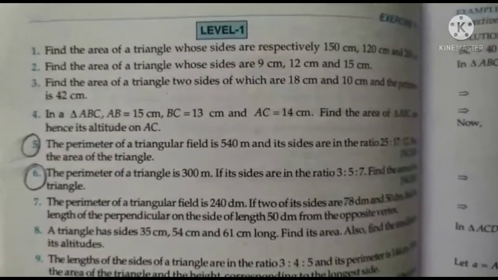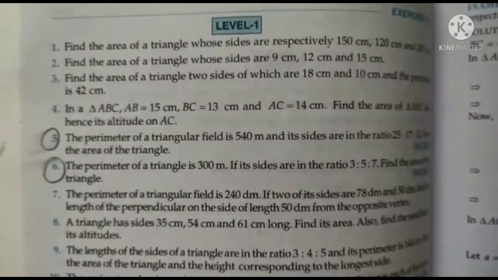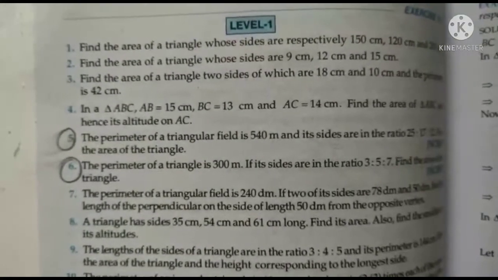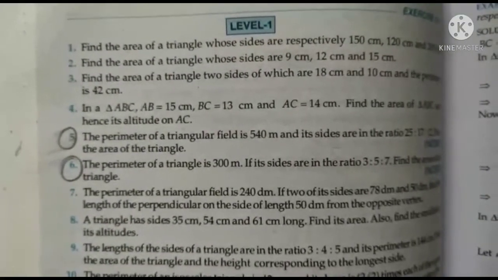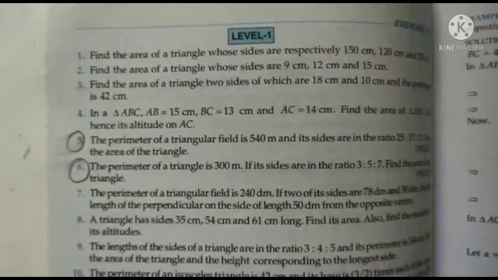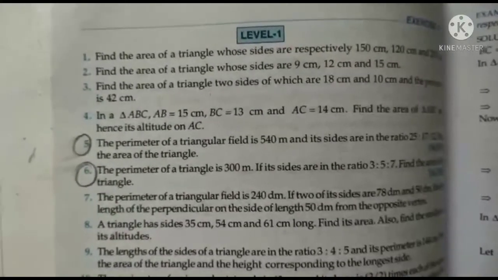Find the area of a triangle whose two sides, meaning not all three sides are given, are 18 centimeters and 10 centimeters. So two sides are given, 18 centimeters and 10 centimeters. That means our first work will be to find the third side.